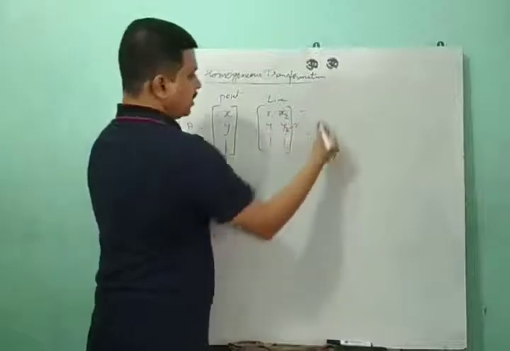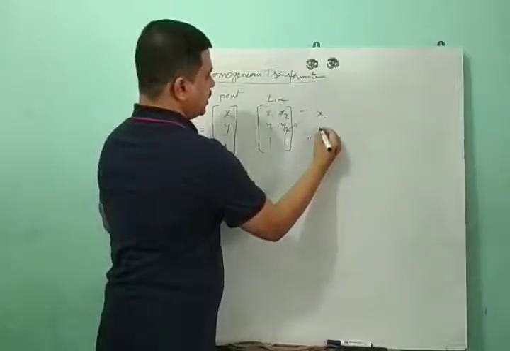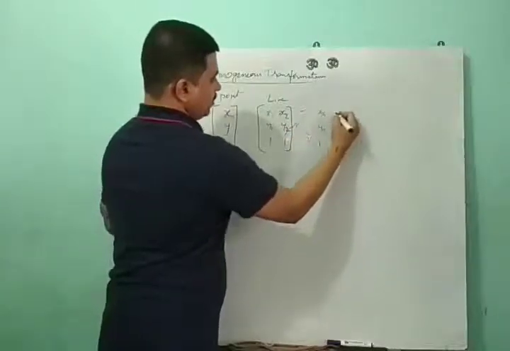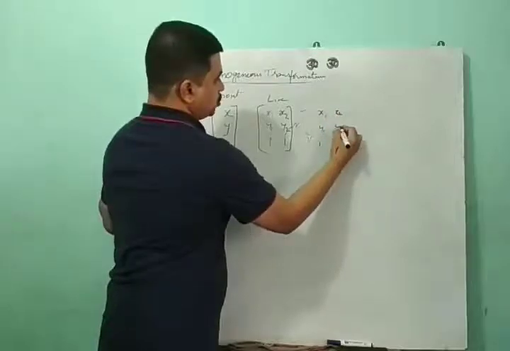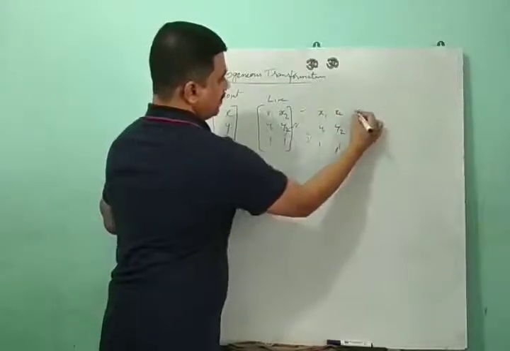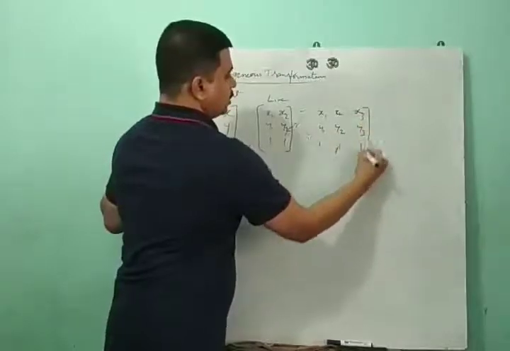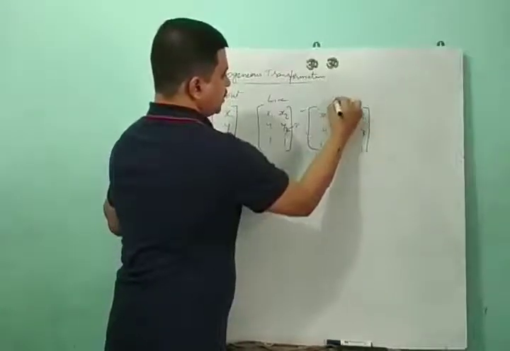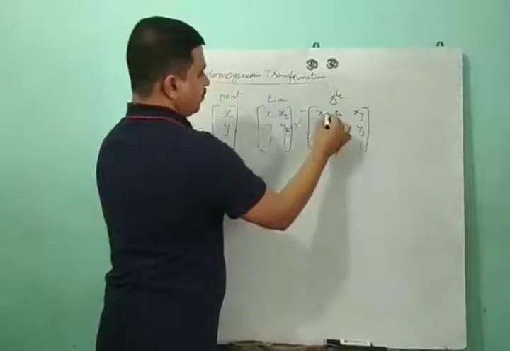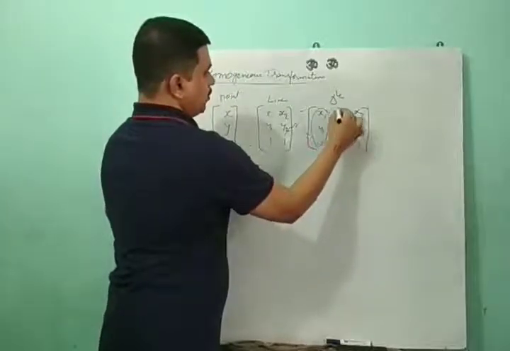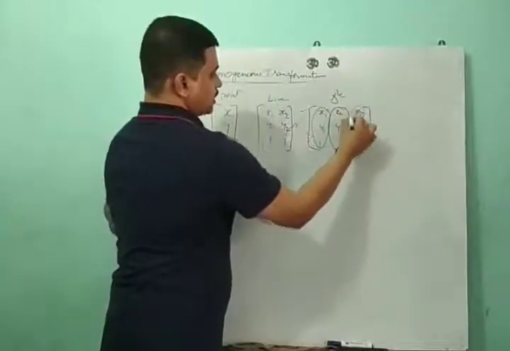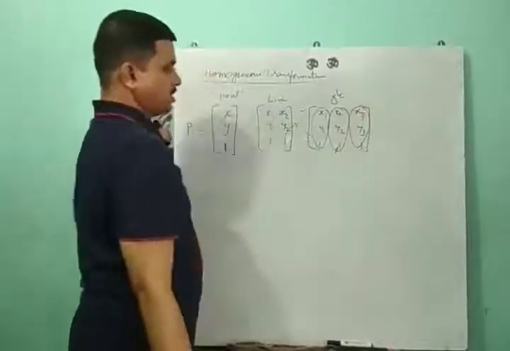Then if you go for a triangle, then you will get x1, y1, 1, x2, y2, 1, x3, y3, 1. So this represents a triangle with 3 vertices of the triangle as x1, y1, x2, y2 and x3, y3.